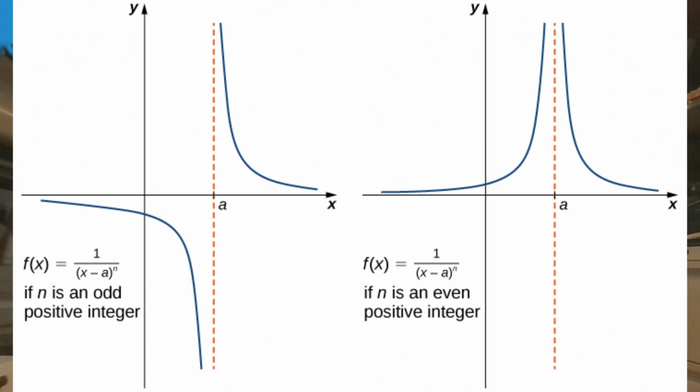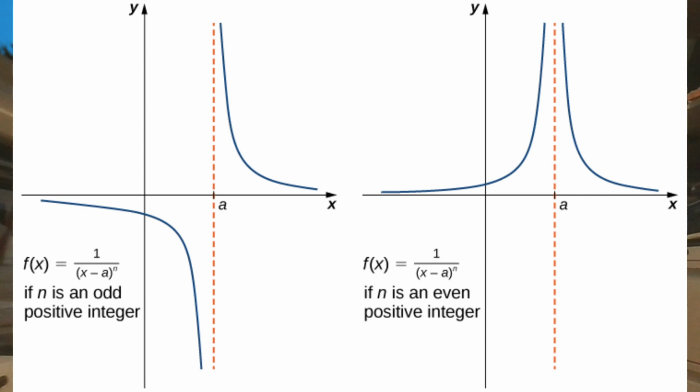And speaking about limits going to infinity, if we define limits as going to infinity and not just actual finite numbers, then we can get a picture for the graph. In that first graph here, we can say that the limit as x approaches a from the left side goes to negative infinity, whereas the limit as x approaches a from the right side goes to positive infinity.